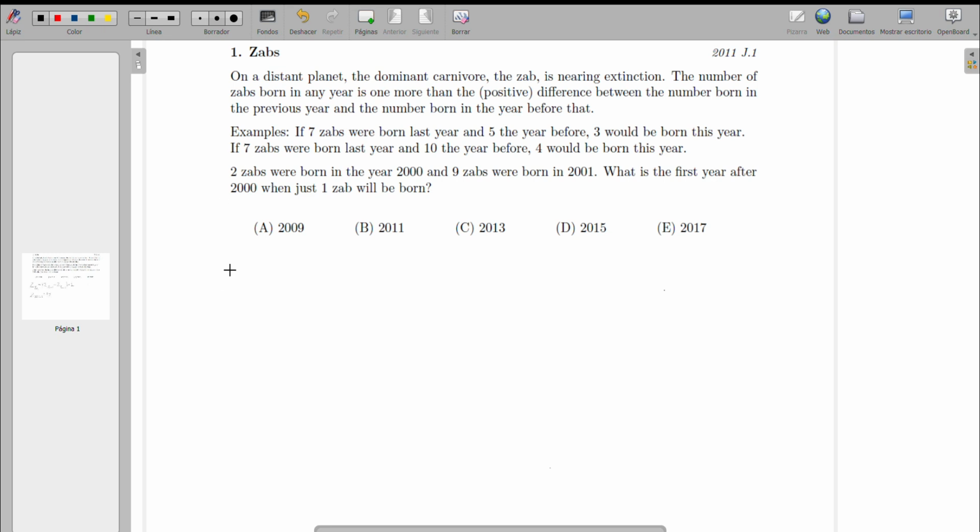So what that means is that to get to know the sabs born in year n, we are going to take the absolute difference between the sabs born in year n minus 1 minus the sabs born in year n minus 2, plus 1.